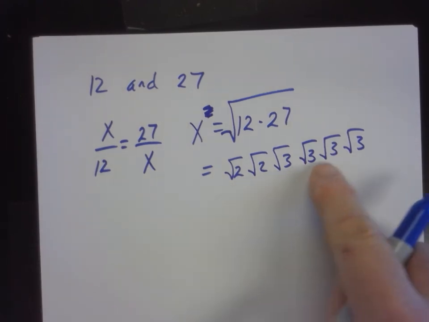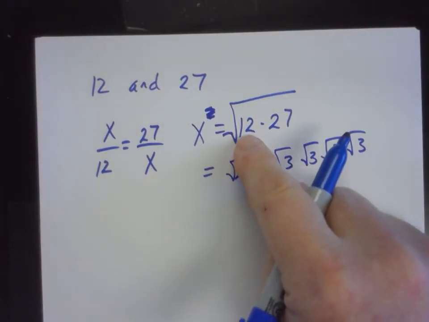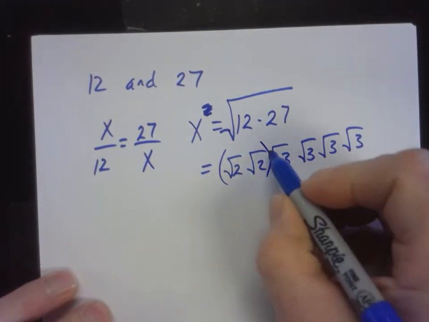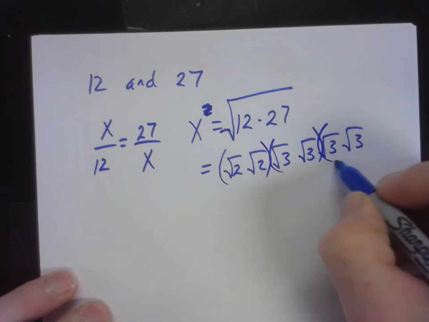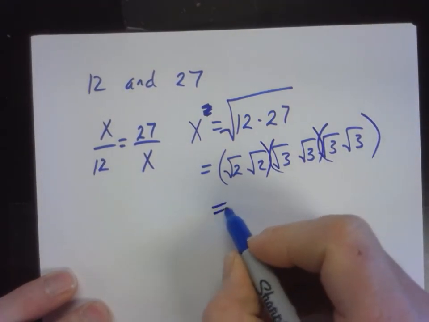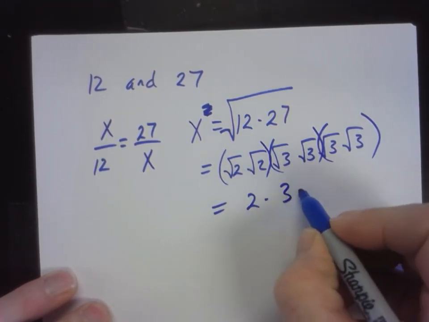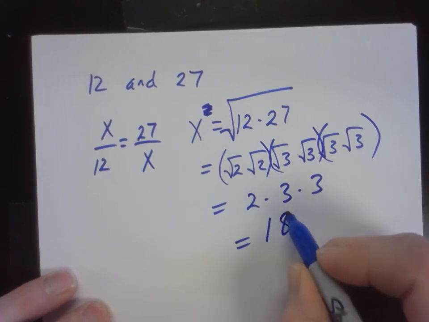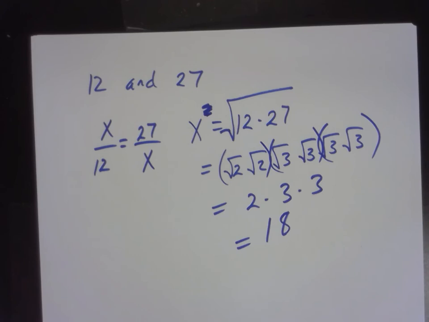It's easier to break down the 12 and the 27 separately. So then I can just say, well, that's 2 times 3 times 3. Holy cow, 18? So the geometric mean of 12 and 27 is 18.